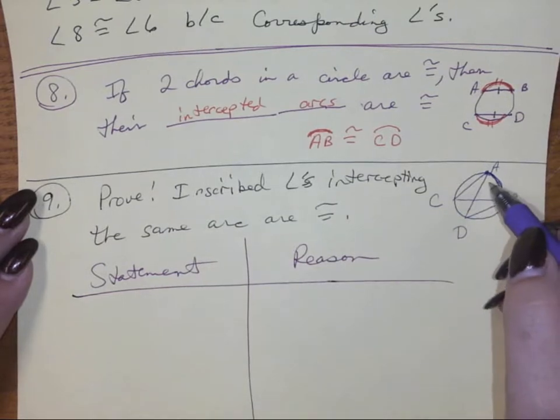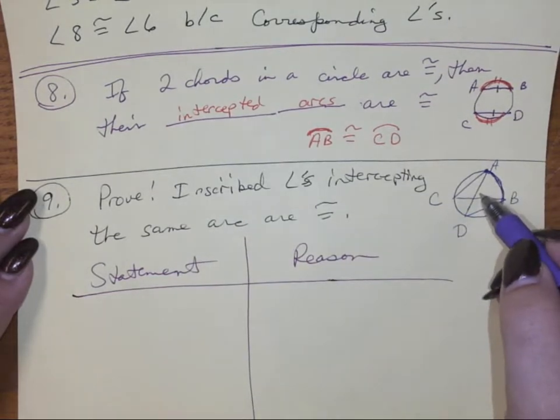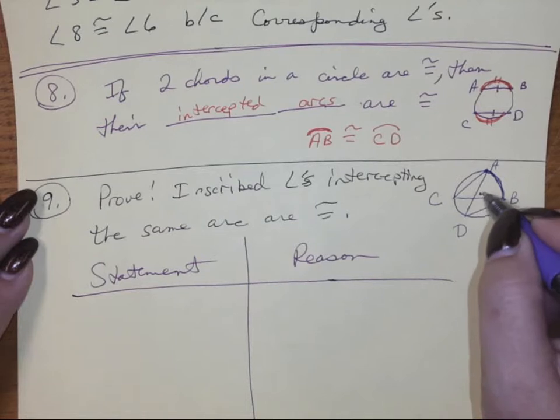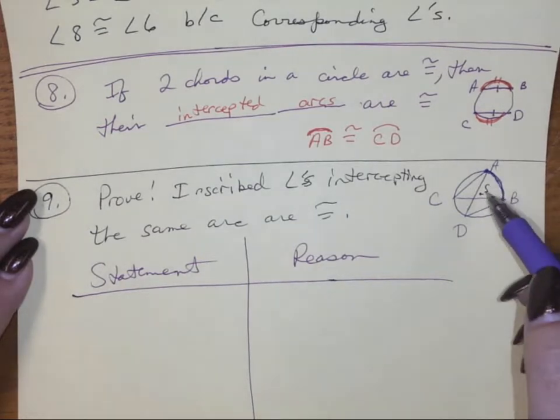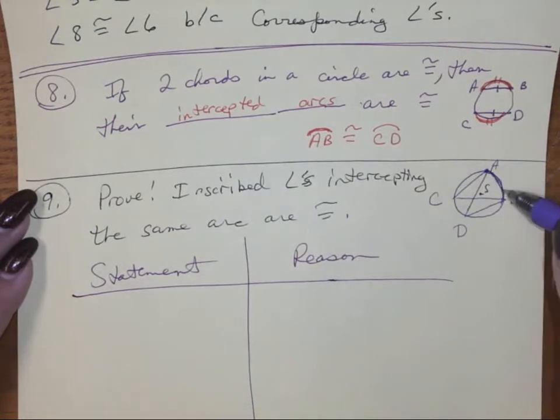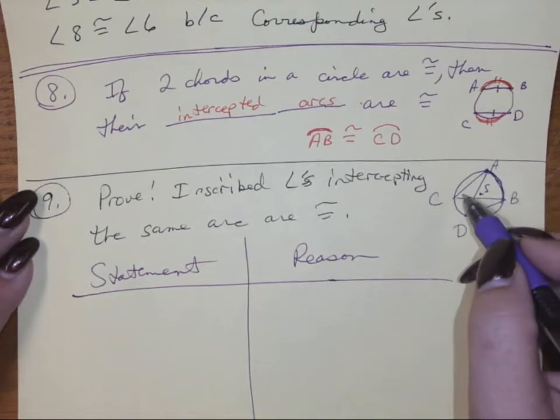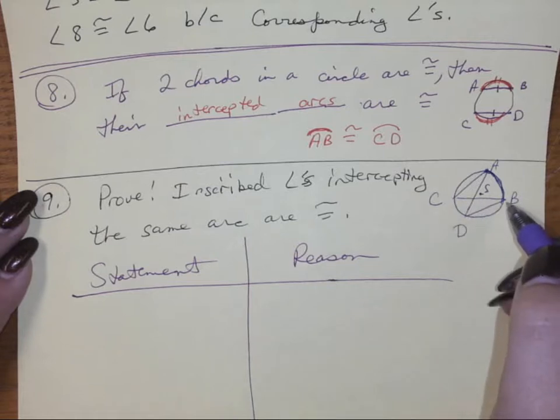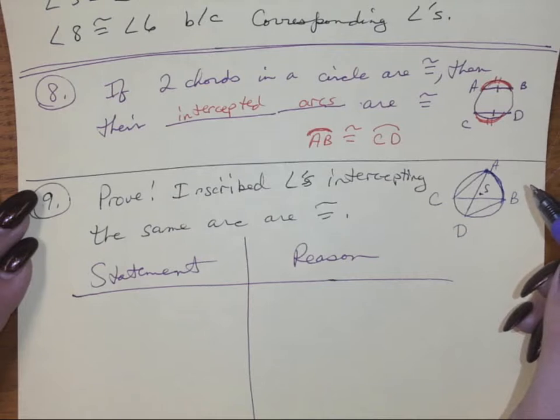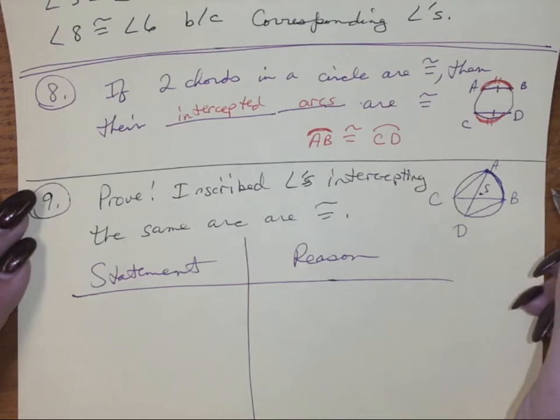So if I have a central angle right here at the center, that's probably why I have S there, ASB would be the same measure as AB, right? So I know that. However, this is an inscribed angle, so what's that relationship from the inscribed angles conjecture? Half, right?